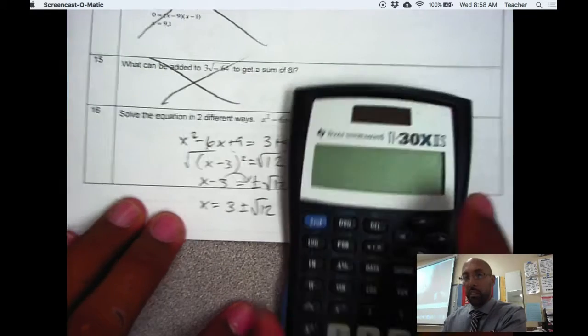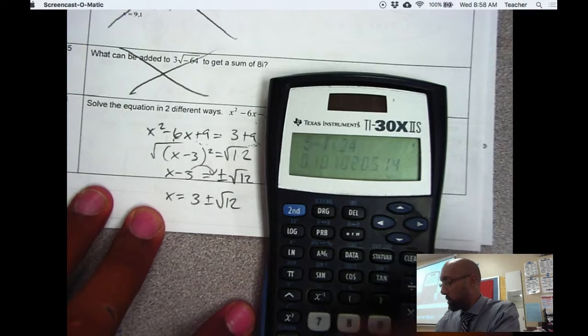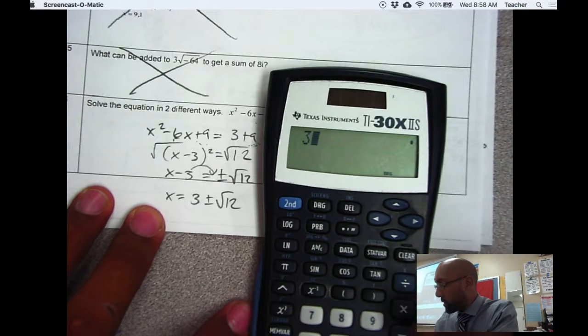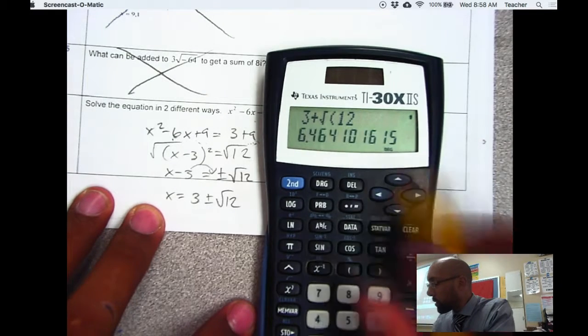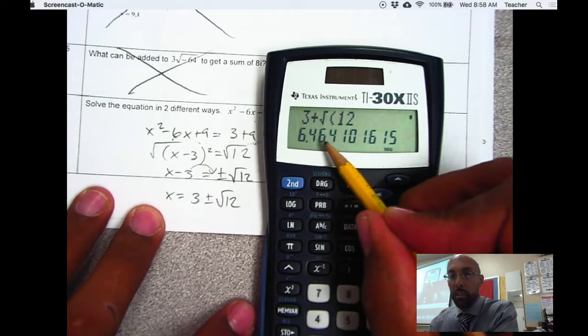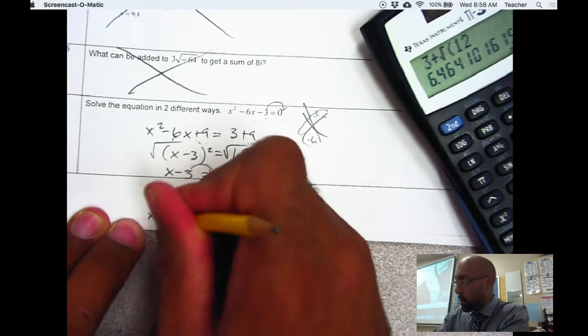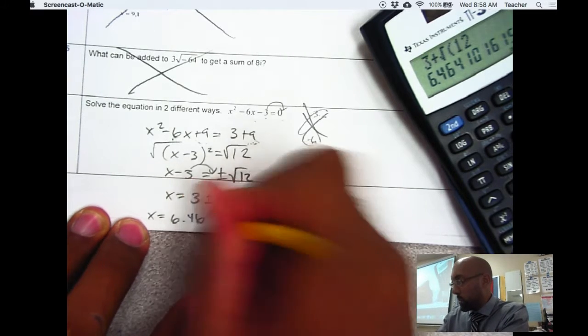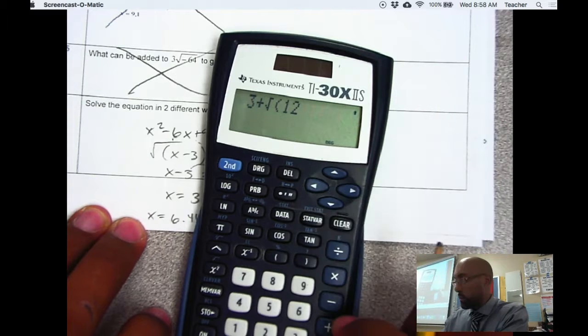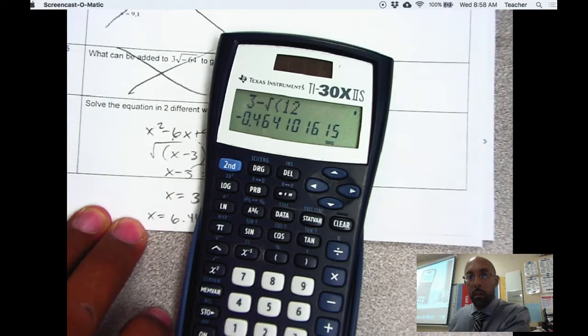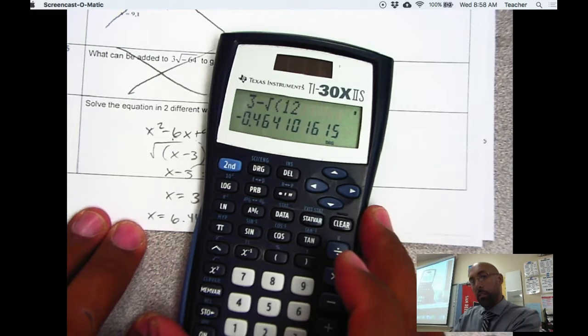And now I want to find the decimal answer to the nearest hundredth. So we're going to do 3 plus square root of 12, and that'll be 6.46, so around that. But again, we have to do the other solution, so go back up, change that to minus, and then we get negative 0.46.